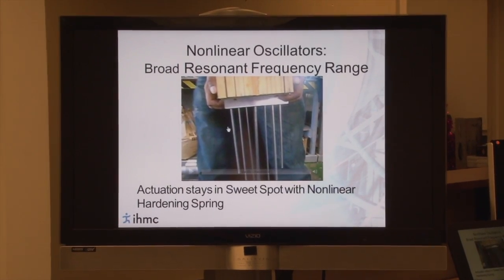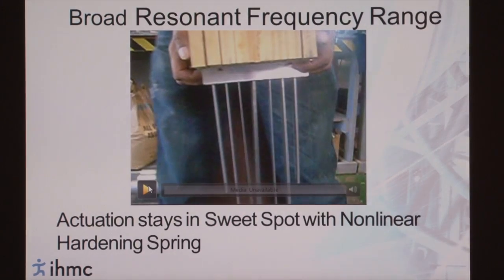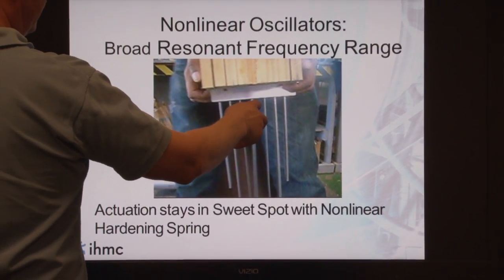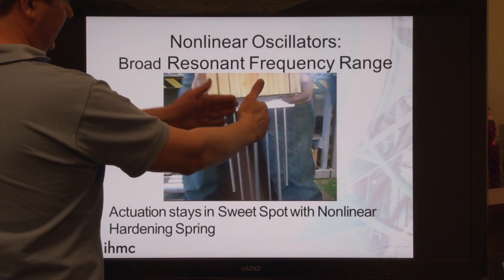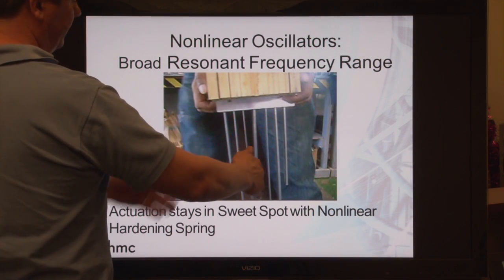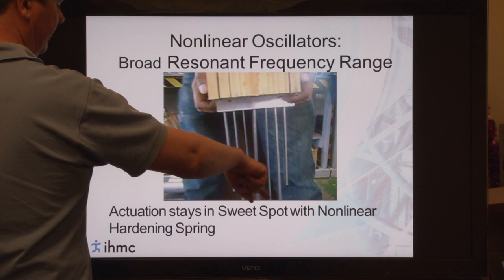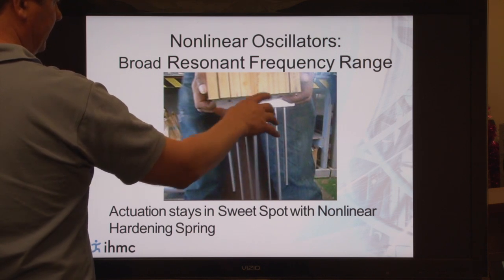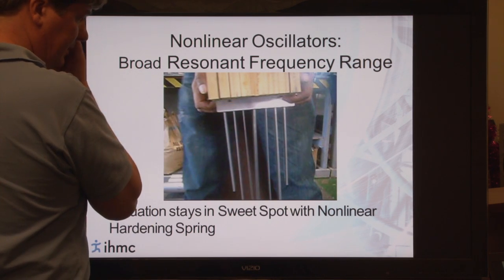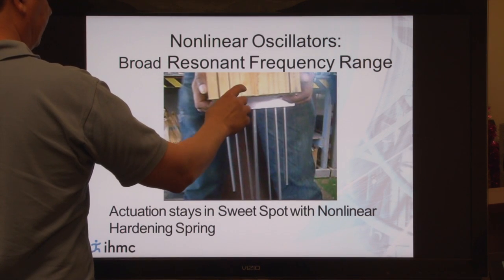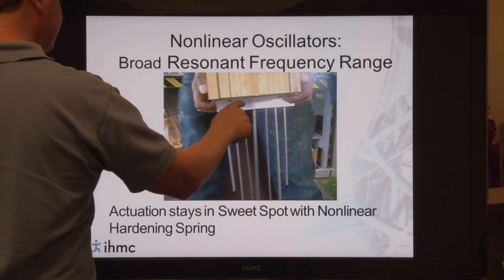All right. So you guys seen this video? This is Johnny with the stiffening springs. As the amplitude increases and engages more rulers, you get stiffer and stiffer. So at low amplitude, you'll have a low frequency oscillation. Then at higher amplitude, it'll have a much higher frequency.